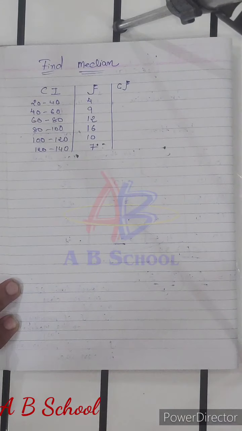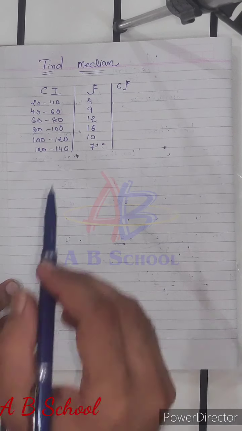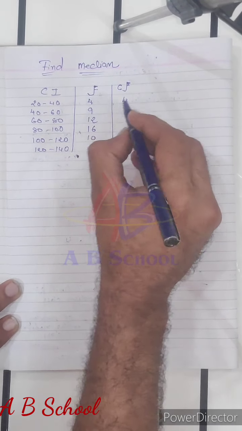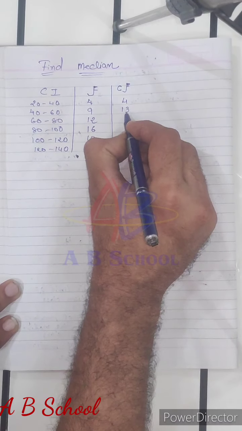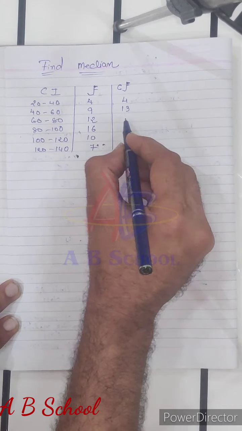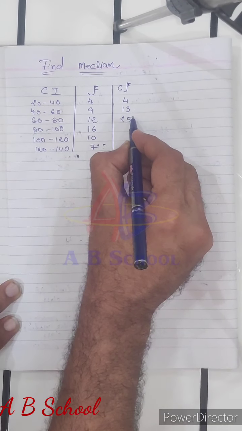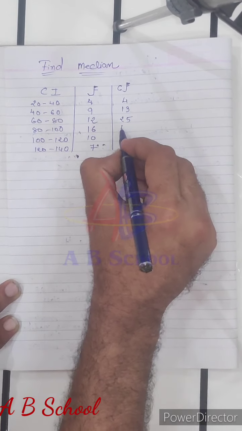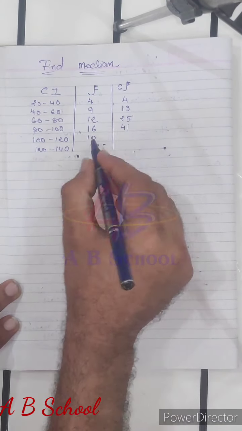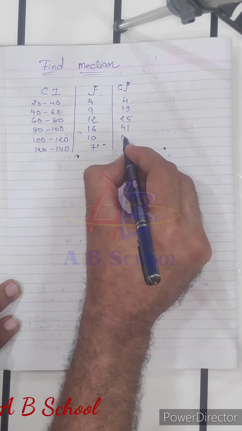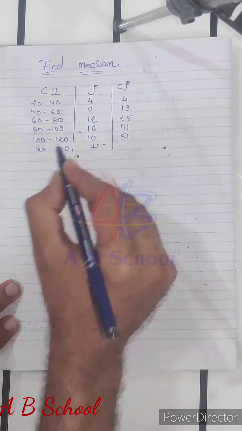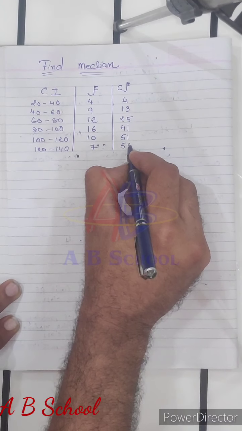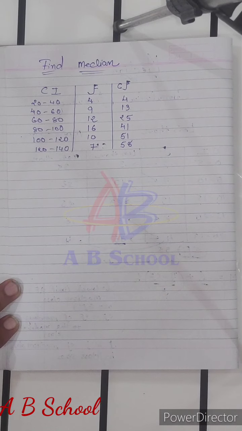First it will be 4, then 4 plus 9 is 13, 13 plus 12 is 25, 25 plus 16 is 41, 41 plus 10 is 51, 51 plus 7 is 58. So this is my cumulative frequency.